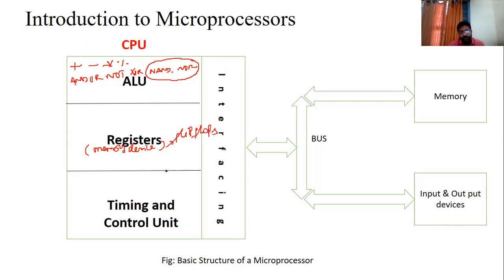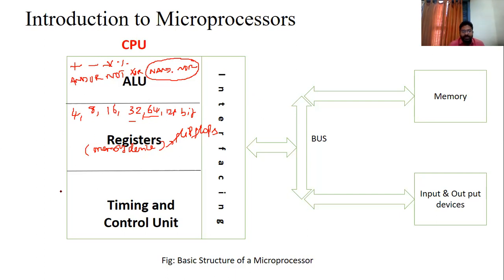Different types of registers are available: 4-bit, 8-bit, 16-bit, 32-bit, 64-bit and 128-bit registers. You have heard that a system configuration may be 64-bit or 32-bit. Last class we also discussed that as the bit size increases, the speed of the microprocessor also increases.